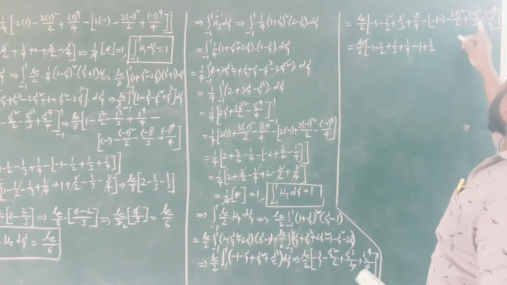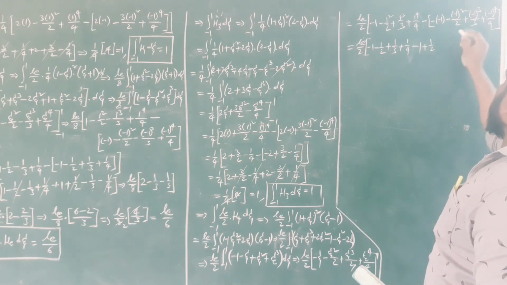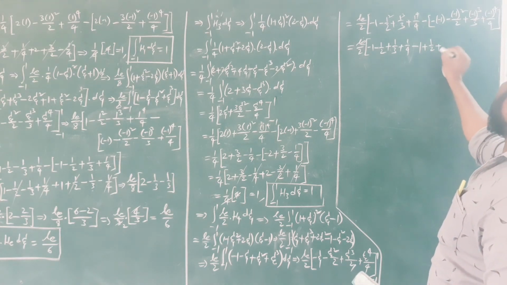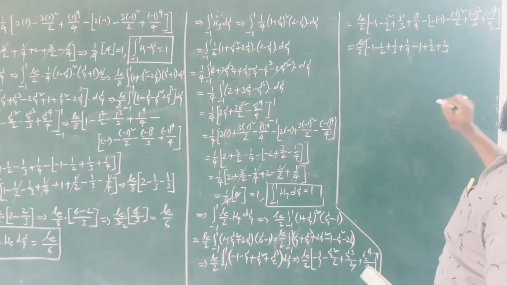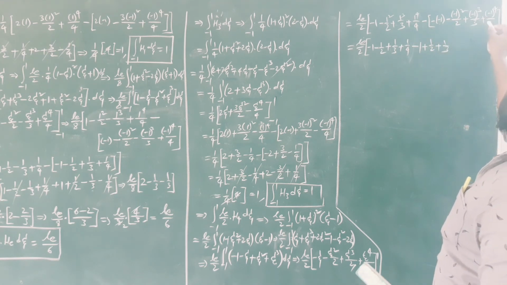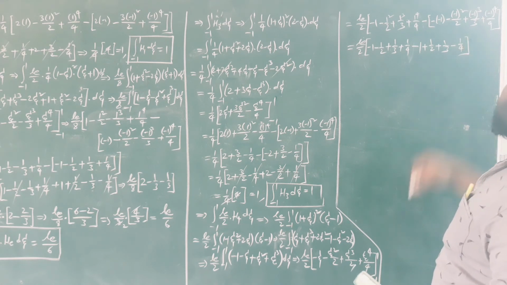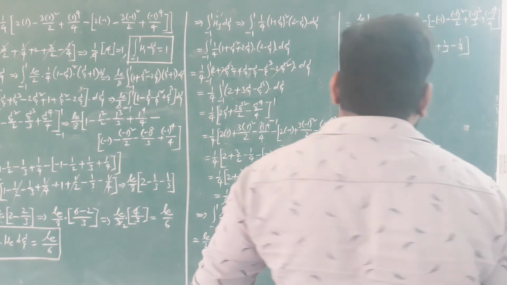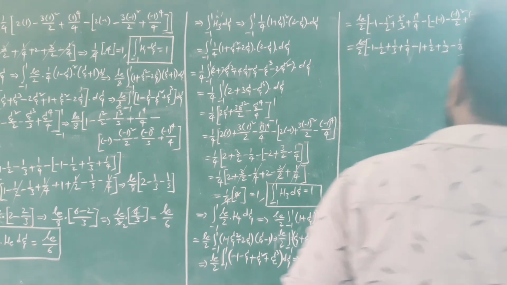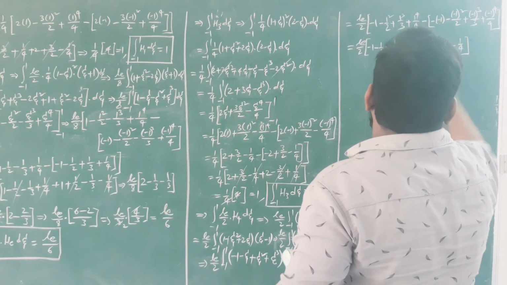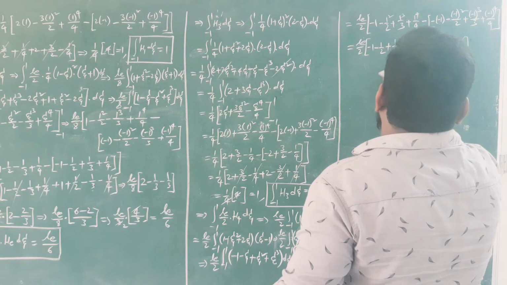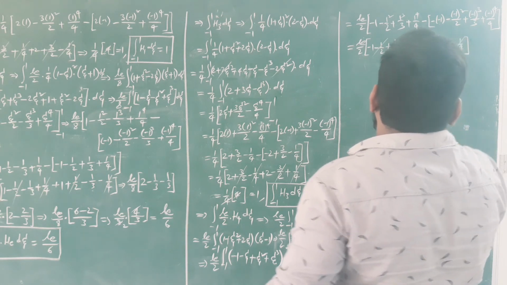Next, here also minus into minus plus 1 by 3. Next, minus into plus minus 1 by 4. Here minus 1 by 4 plus 1 by 4 is cancelled. Minus 1 by 2 plus 1 by 2 is cancelled.